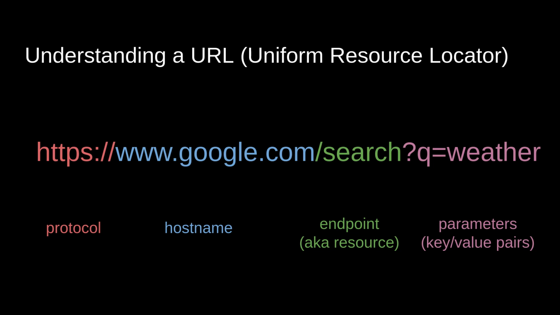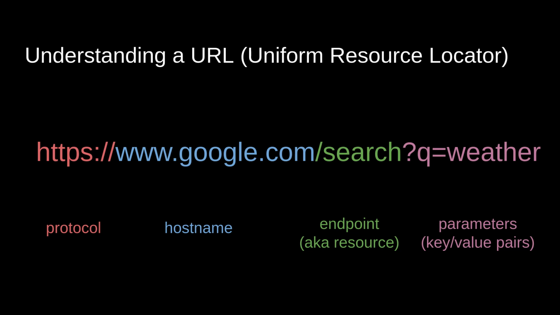Alright, with that out the way, let's take a quick look at how URLs work. We use URLs on a daily basis, I'm sure, and there's four main parts to it. So the first part's the protocol, which is in red, and this URL here is just me searching for the weather on Google. And protocol is HTTPS.